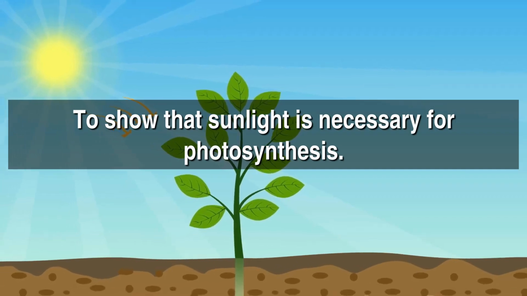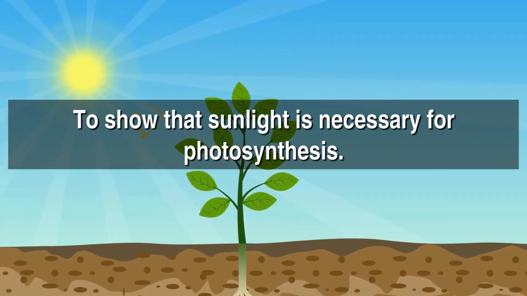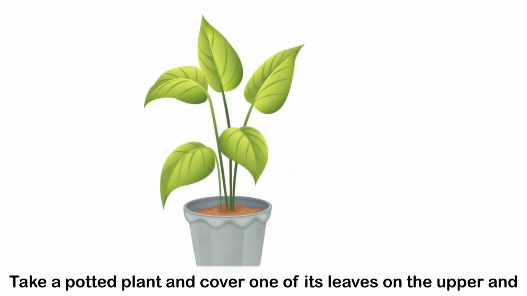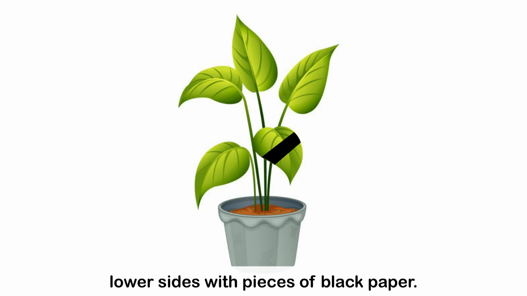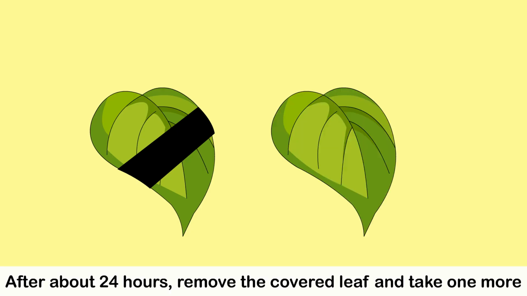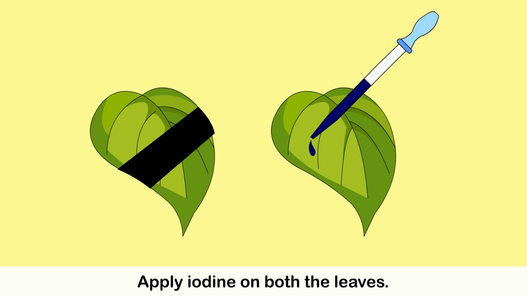Apply iodine on both the leaves. The portion of the leaf that was covered with black paper and did not receive sunlight does not turn blue-black in color during the iodine test. But the other leaf has changed its color. It shows that the leaf covered with black paper did not contain starch.